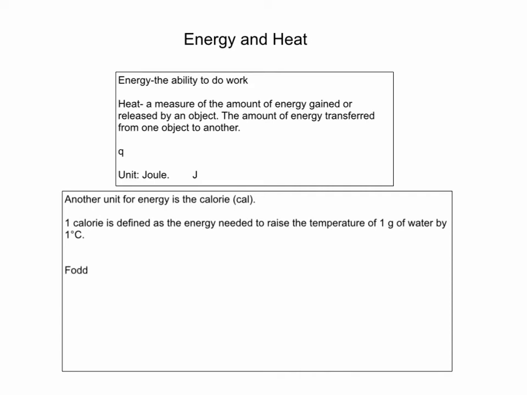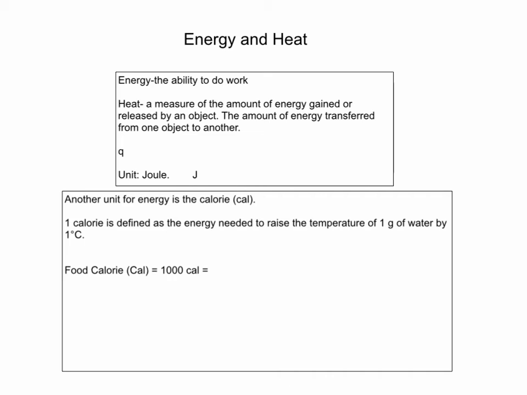The food calorie has a capital C, abbreviated Cal, and is actually equal to 1,000 calories. So the calorie that we use in chemistry and physics is actually, you need 1,000 of those to make 1 food calorie.